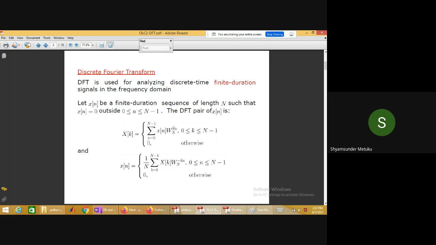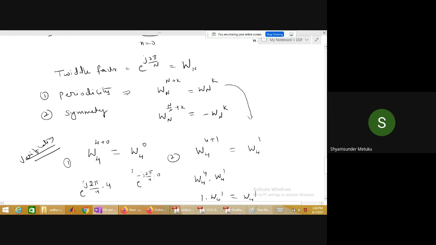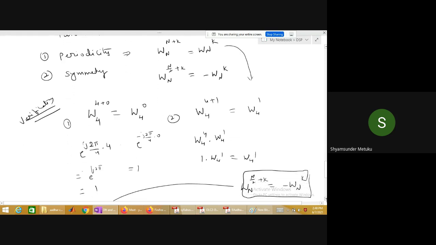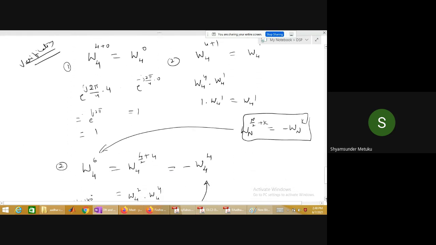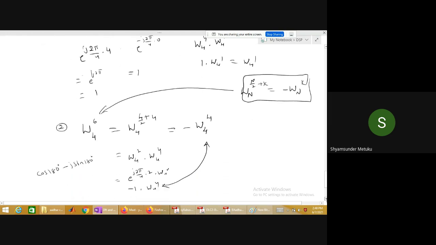Yes or no? Are you able to see here? Yes, sir. When minus is not there, it indicates that our assumption is slightly changed here. It should be minus, which I forgot to mention here. So anyway, that is not a problem. E power minus j 2 pi by capital N will be the Twiddle factor. Remaining things are the same. Only minus will be there, which I could not write.